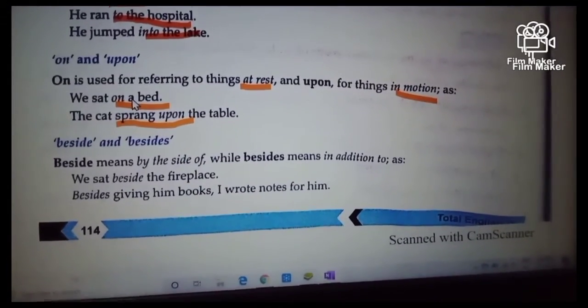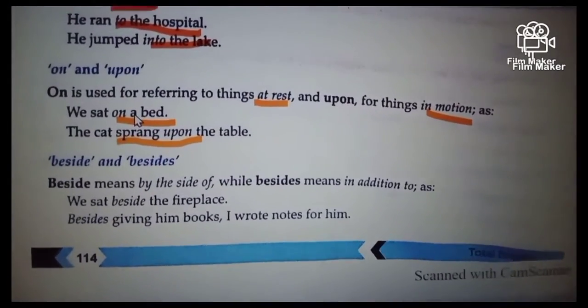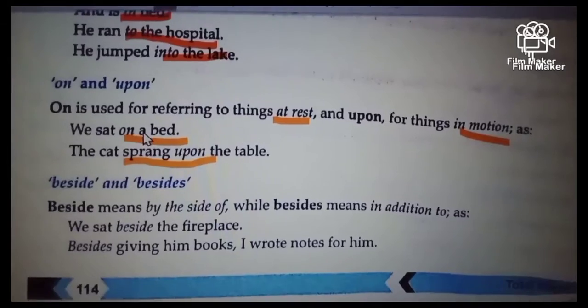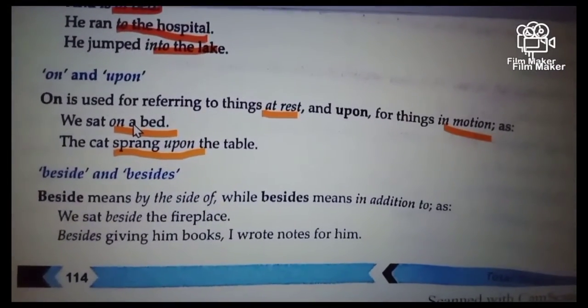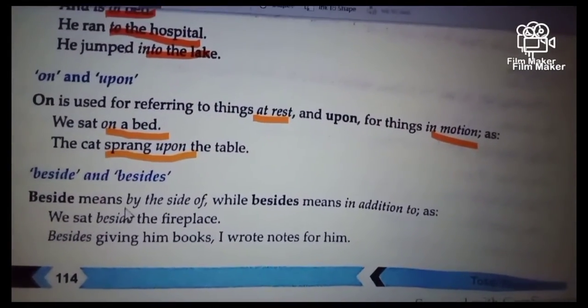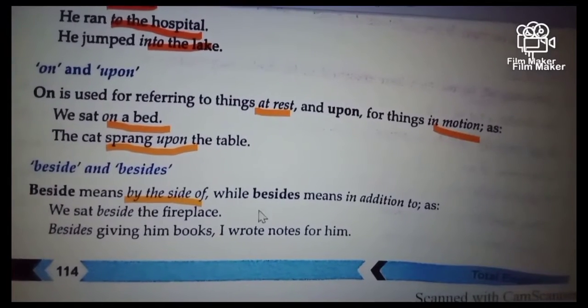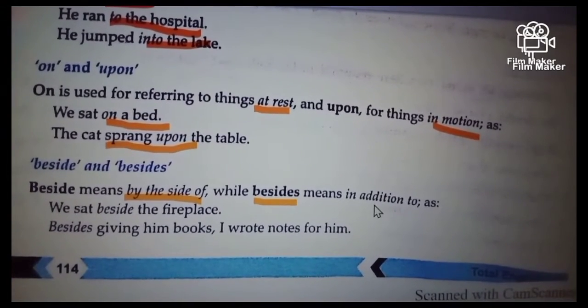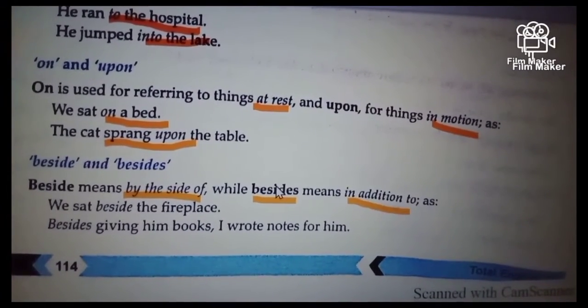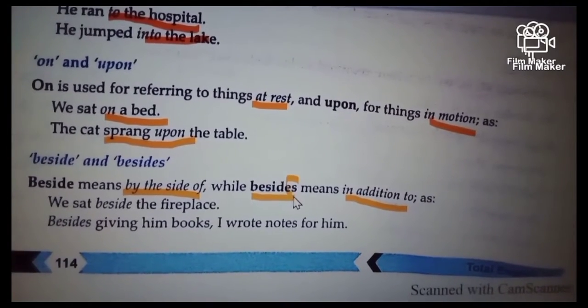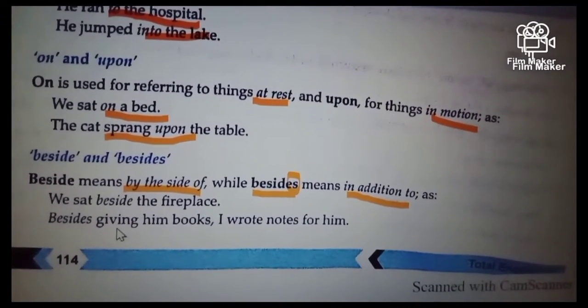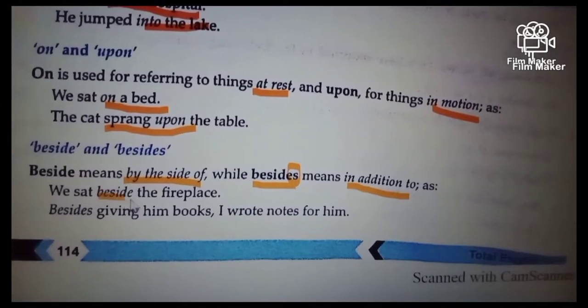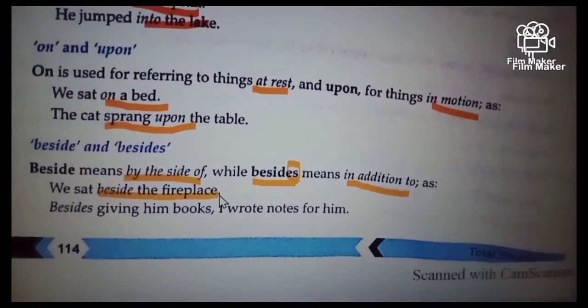Next, beside and besides. Beside means by the side of, as the word itself suggests, while besides means in addition to. So the only difference is one S that you have to note down. We sat beside the fireplace means by the side of the fireplace.